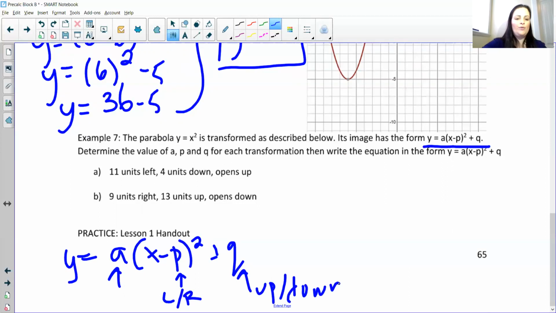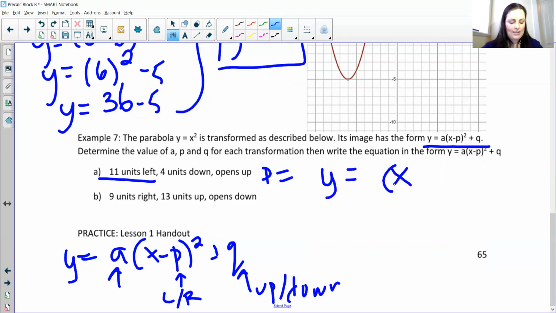Okay, so if it moves 7 units to the left, that means the p-value is going to have to be a positive p-value to go into the bracket because it's moving in the negative direction. So y is going to equal x plus 11 because it goes in the negative direction. So that means what we see in the actual formula is a plus 11.